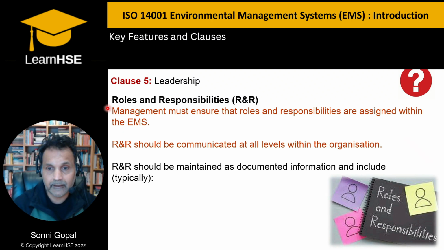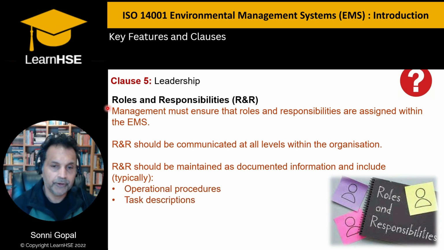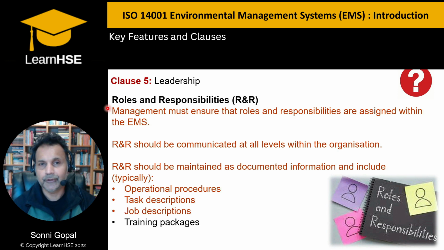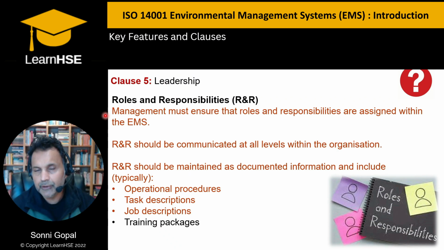This typically includes operational procedures, the tasks and descriptions of the tasks, what jobs people do, and any training packages associated with them. Roles and responsibilities have to be clear if we're expecting people to do certain things when it comes to environmental management.